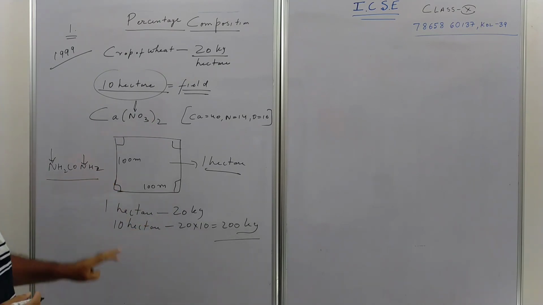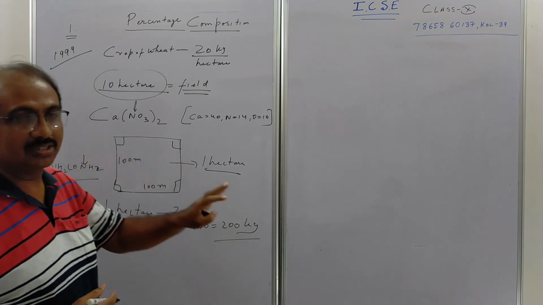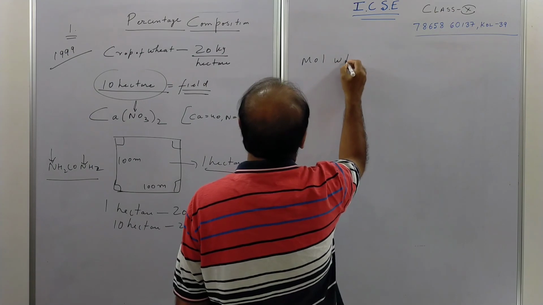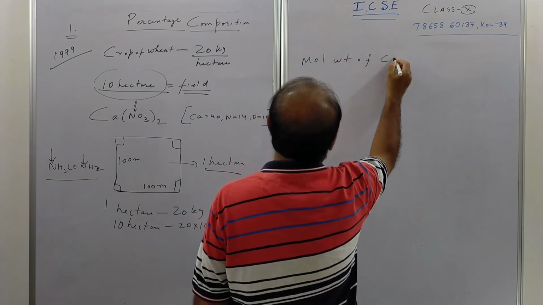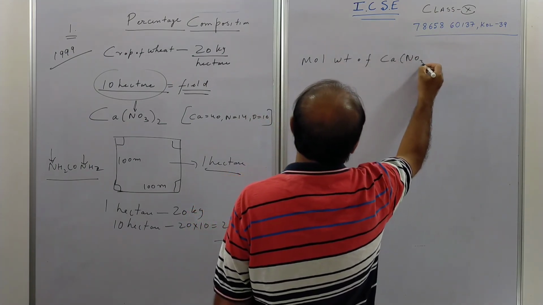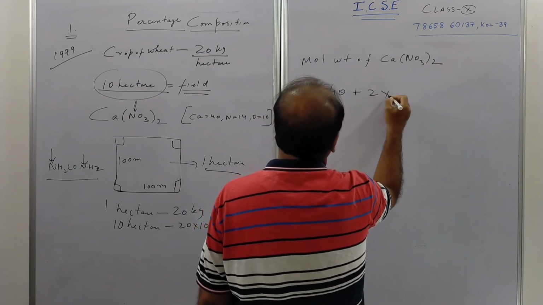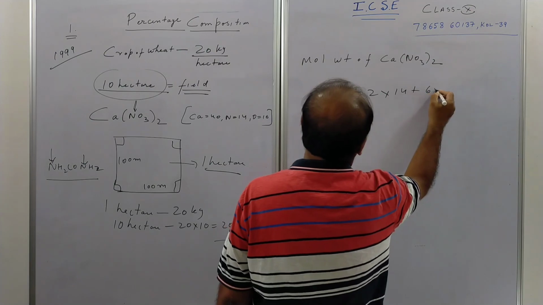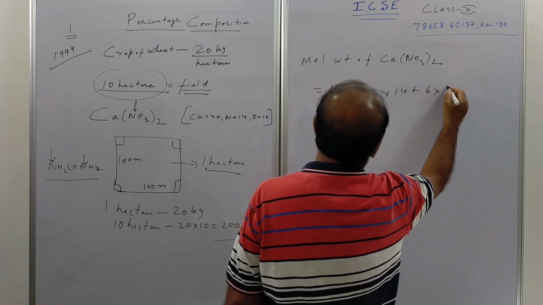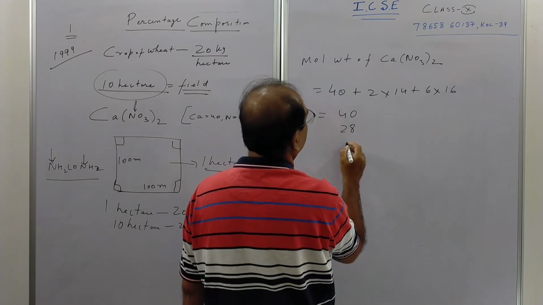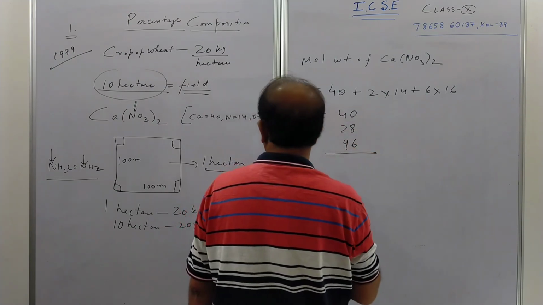So here we go, children. First, in all these questions, we find the molecular weight. So what is the molecular weight of calcium nitrate? It's quite easy, children. Calcium is 40, there are 2 nitrogen and there are 6 oxygen. So here we go, 40 plus 28 plus 96.